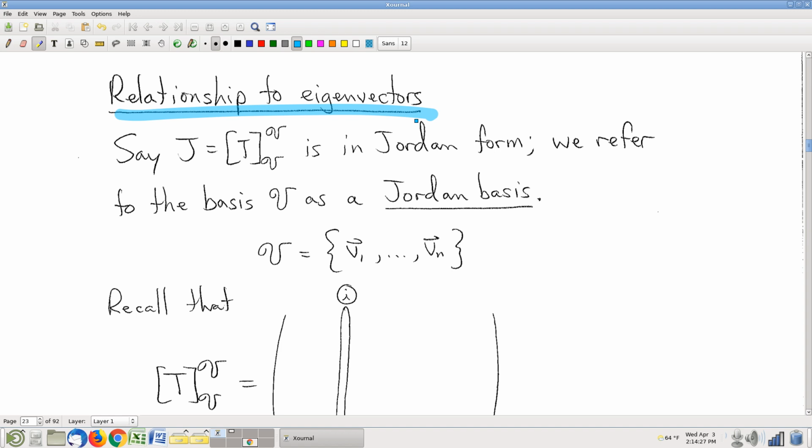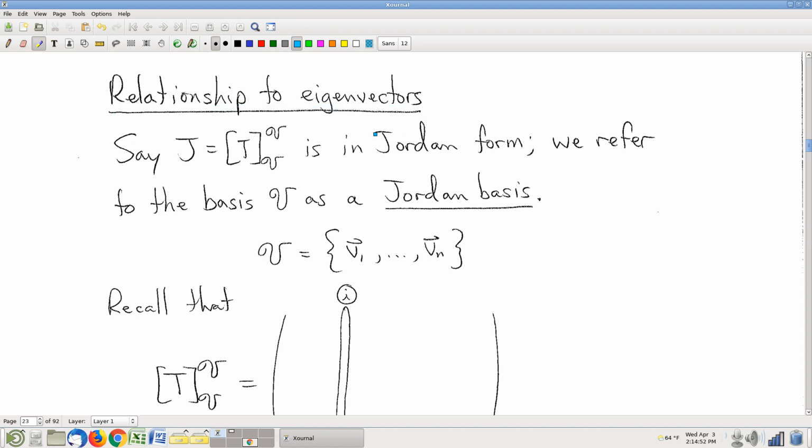How were we going to diagonalize? Eigenvectors, right? Eigenvectors were to be the basis that we were going to make up. So eigenvectors were in play as we were trying to diagonalize. We failed and ended up on Jordan form, but we were trying our best with eigenvectors. So there's no surprise here that they're actually connected.